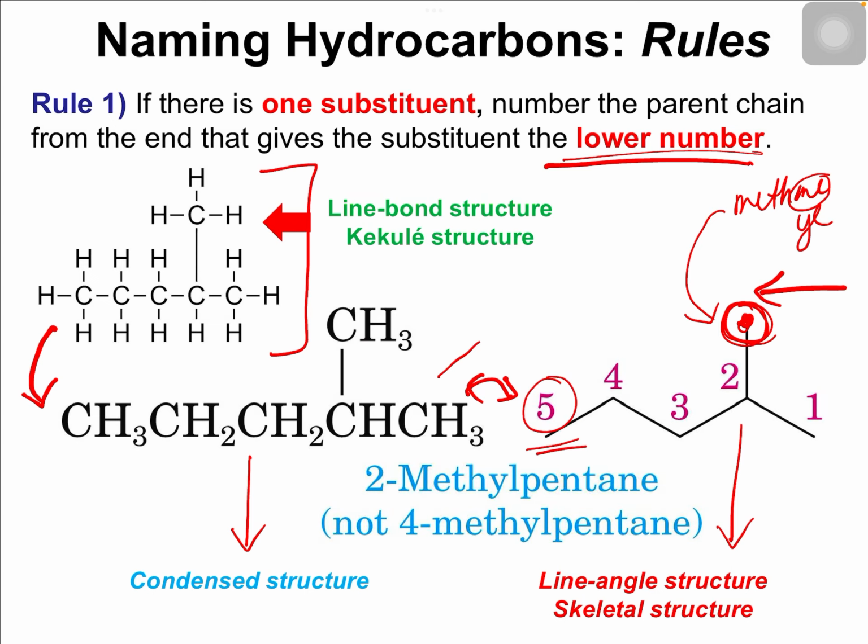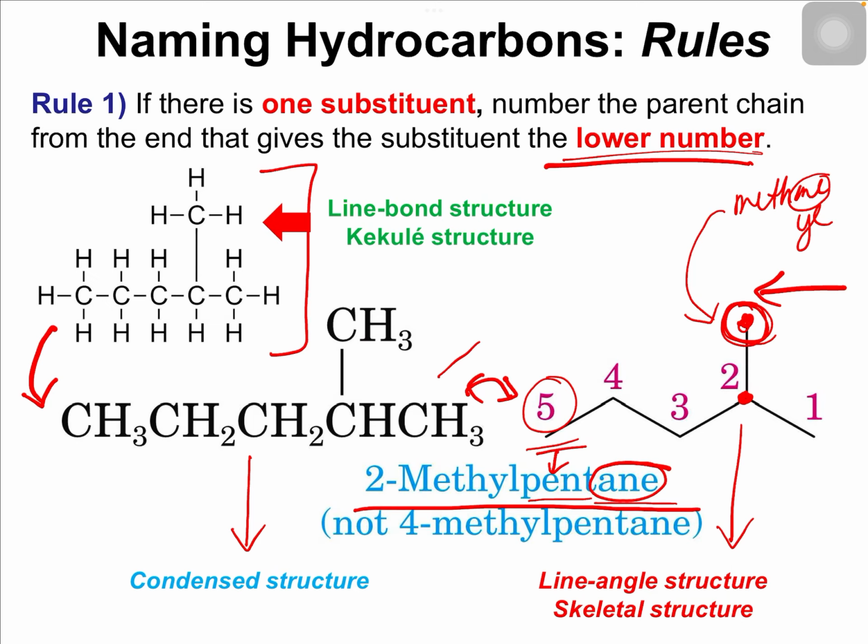So, the name is pent, and the suffix is -ane. So, you have methylpentane. But it doesn't stop there because where is the methyl group attached sa parent chain? Your methyl group is attached doon sa second carbon ng inyong parent chain. That's why the name of the compound is 2-methylpentane.